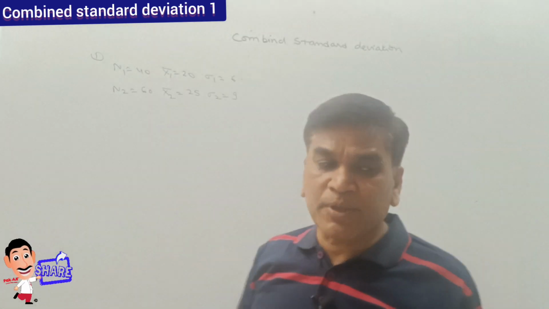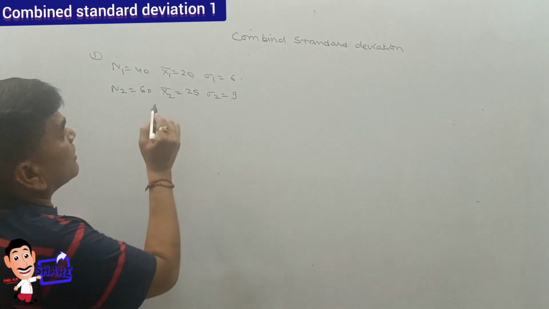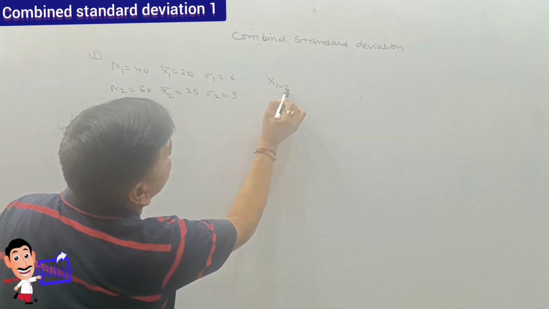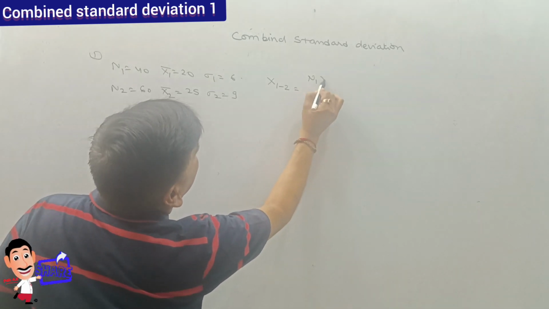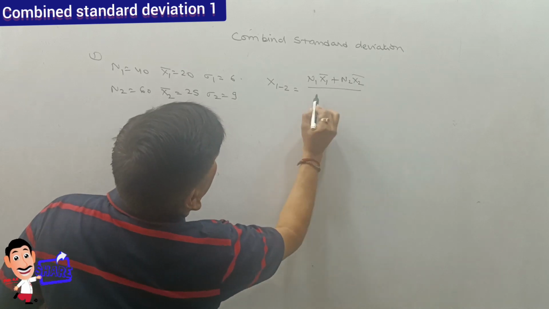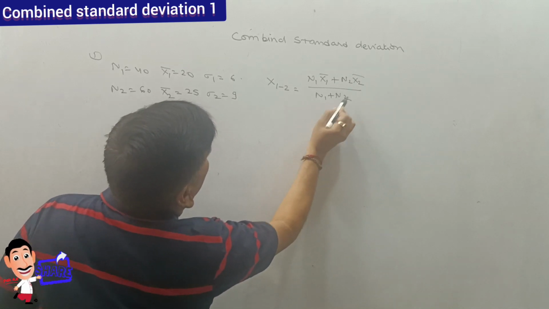For getting the combined standard deviation, we will first get the combined arithmetic mean, that is n1 x bar 1 plus n2 x bar 2 divided by n1 plus n2.